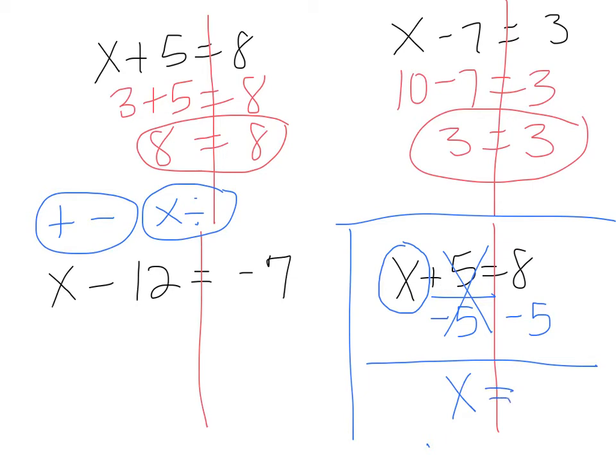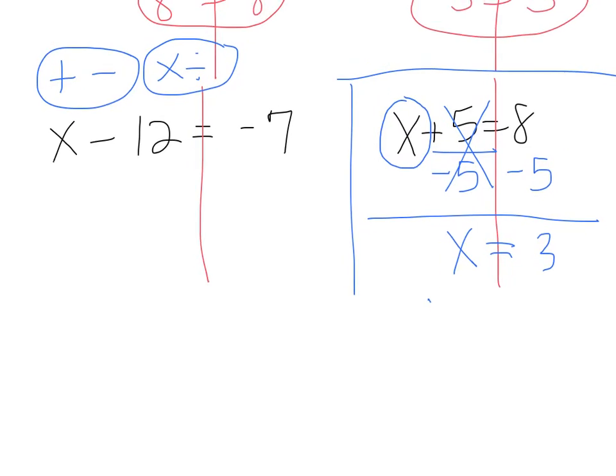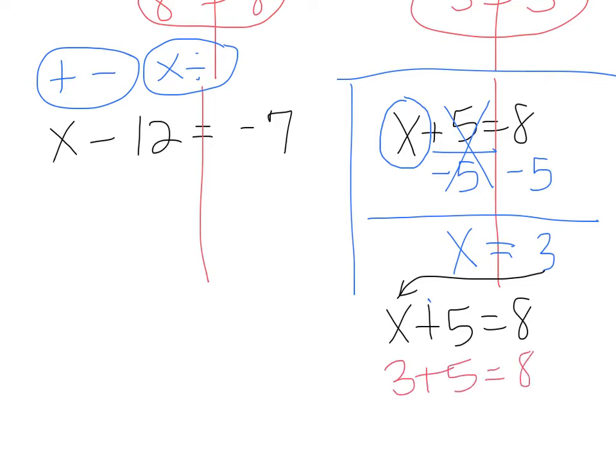I bring down my equal sign, and 8 minus 5 is 3. The nice thing about equations is you can never get them wrong, because you can take your original problem, x plus 5 equals 8, and substitute that value in to make sure you did it correctly. 3 plus 5 equals 8. 8 equals 8, so we did it right.